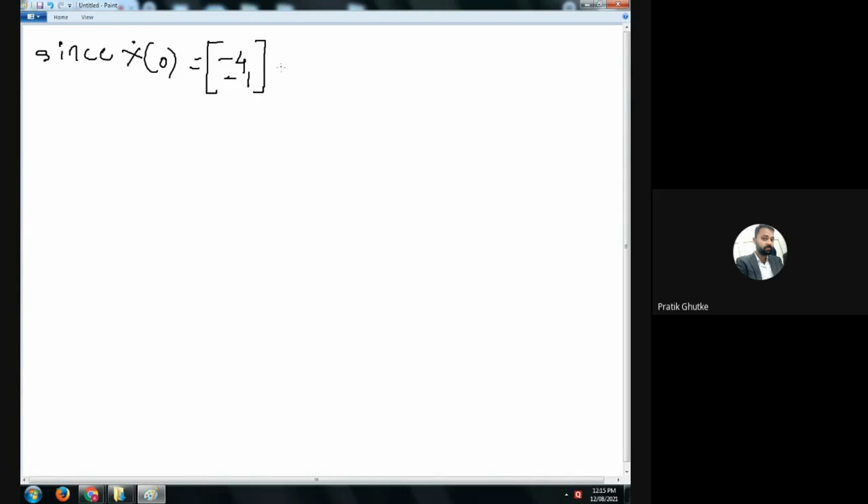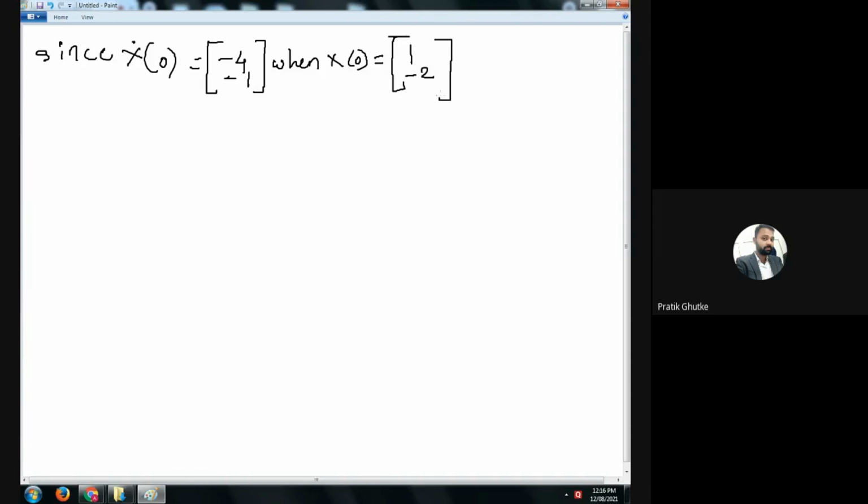The condition was given in the question: when x of 0 is 1, minus 2. This condition was given. When x of 0 is 1, minus 2, I have calculated x dot of 0.